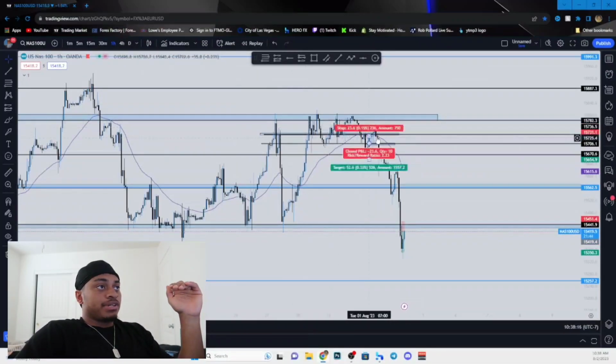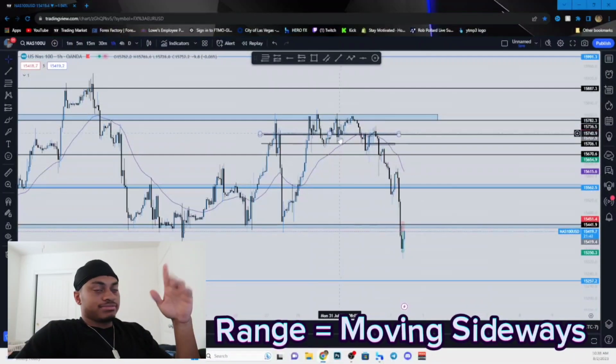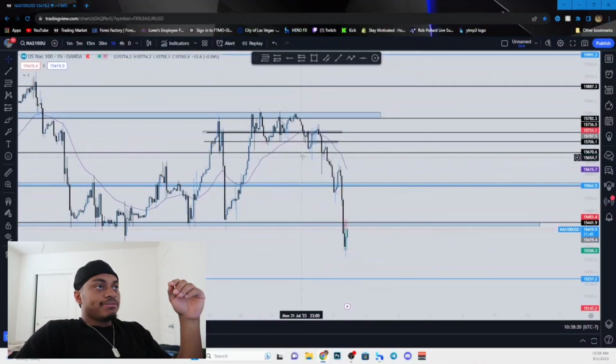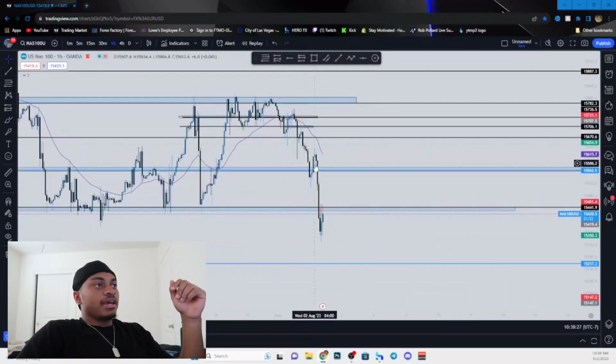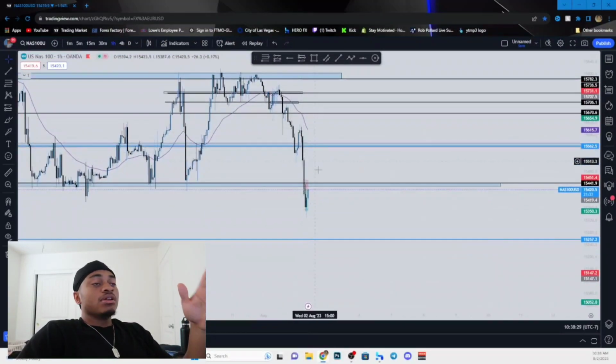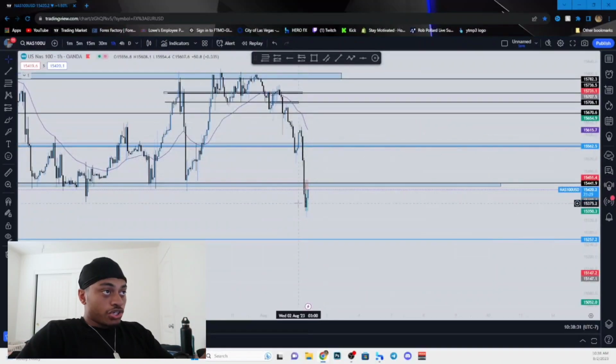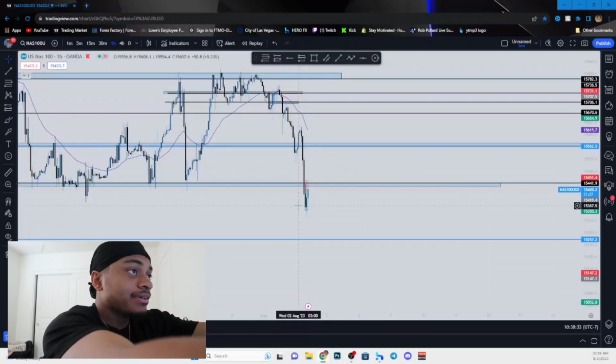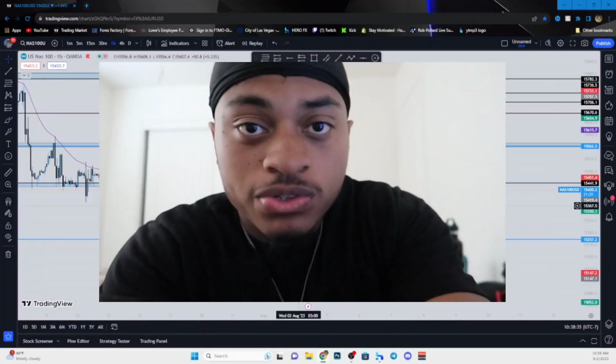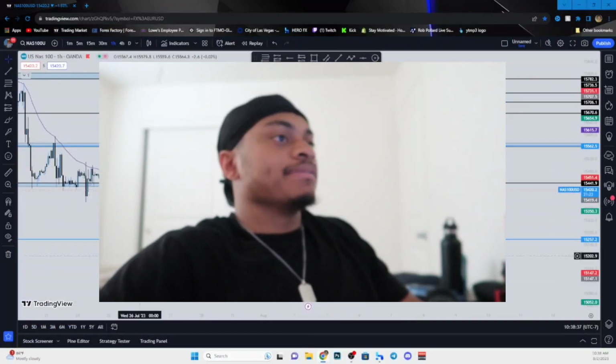Up here was a bad range to take a trade because it was constantly a sideways market. You can still make money in a sideways market, you've got to know how to trade it, with proper risk management, and you'll be good. But I waited and it broke below even further when I wanted to take a trade, but it broke way further than I could get. But that's okay, it's part of trading.